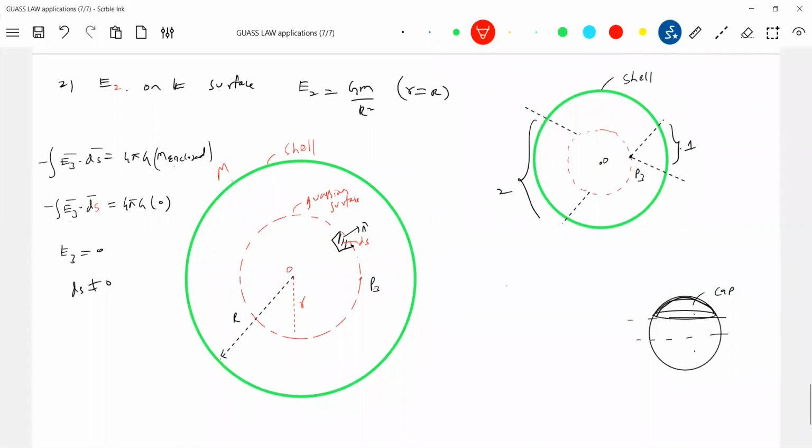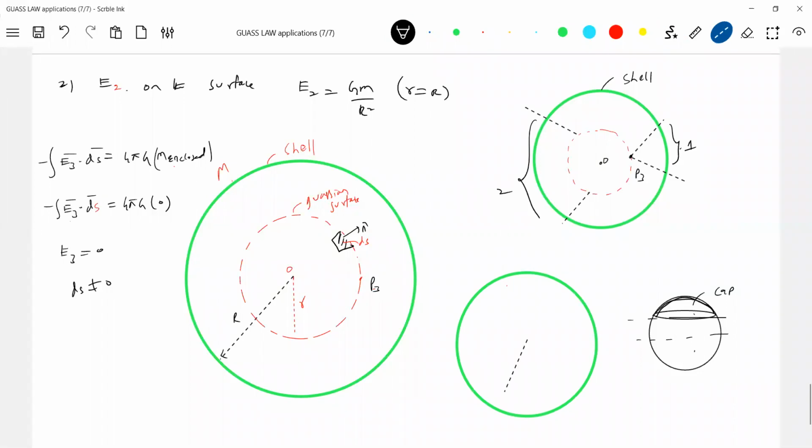So if you draw a shell, what about the field at A, B, O, C? I'm picking up some arbitrary points. The field EA, EB, EC, everything will be 0. Agree with this? What about on the surface? It is GM by r square. Outside, GM by r square, similar to a solid sphere.